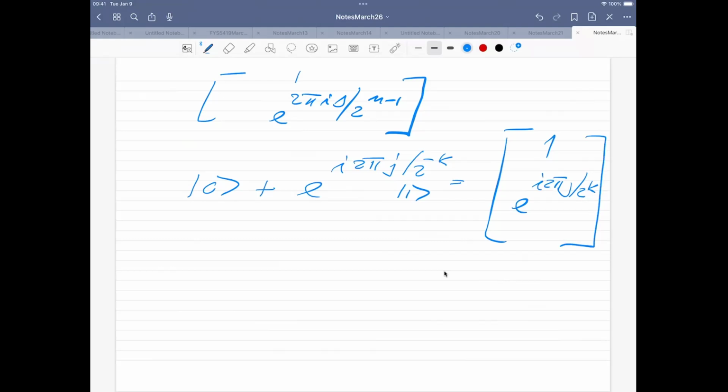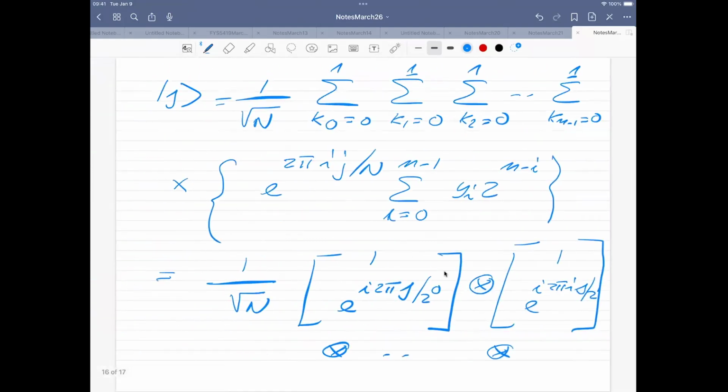So if you look at this general expansion which we are setting up, we have a tensor product of different states which have been operated on with something which looks like a Hadamard transformation.